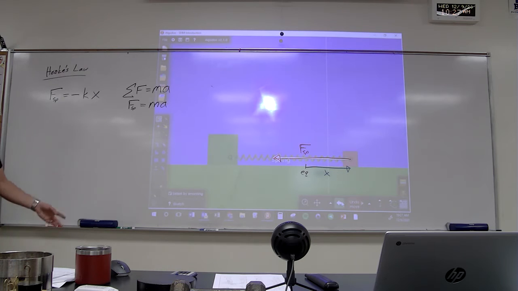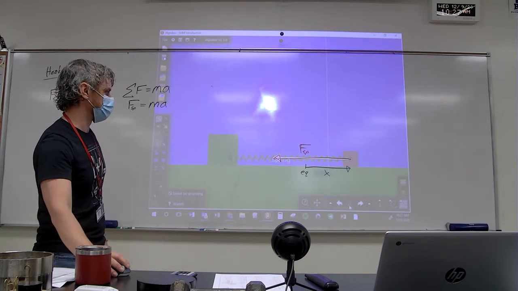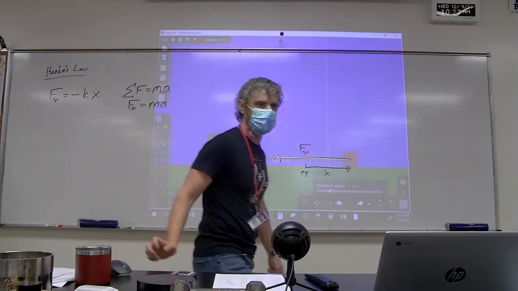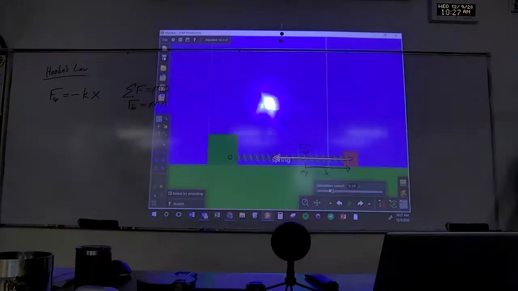Now note that in AP Physics 1, we're really limited in how far we can go with this type of motion because the force is constantly changing and the position is constantly changing, right? As we watch this, I'll slow it down and turn the lights off again so people at home can hopefully see it.